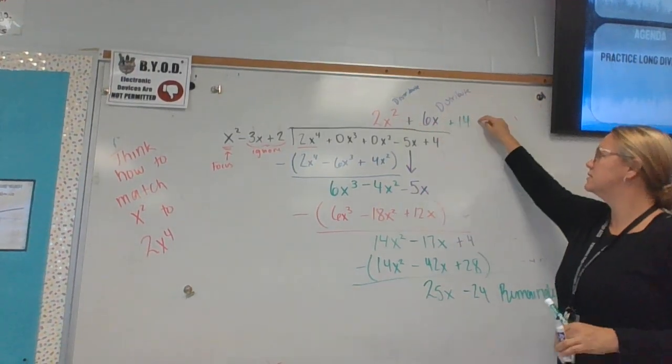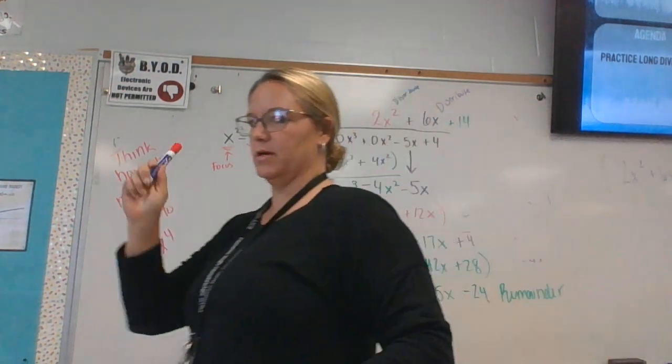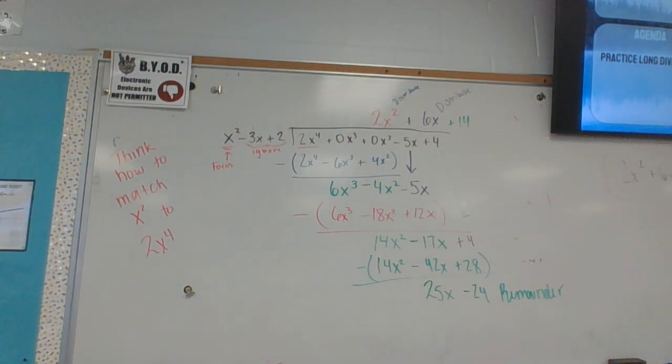This is the quotient: 2x squared plus 6x plus 14, along with the remainder, 25x minus 24, all over the divisor. Box it. That entire thing is the answer. Throw this marker. That was a long one.